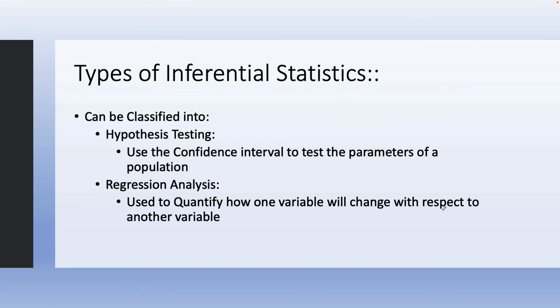So this was the introduction to inferential statistics. In this topic, you need to understand the meaning of population and samples, the high level idea about the various types of sampling techniques, and you have also learned about the types of inferential statistics.